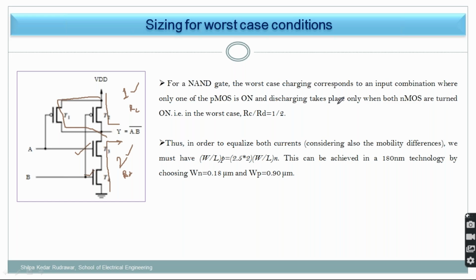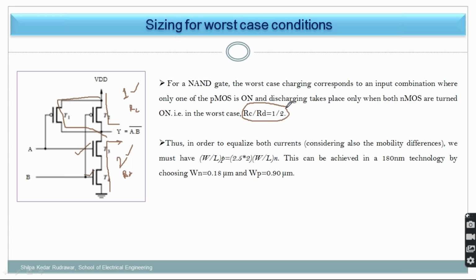Worst case scenario means for charging or discharging of the capacitor, at the most, how many transistors should be on to get the full path. So here that condition is 1 by 2. Now, what we learned before this is that as the mobility of holes is less compared to the mobility of electrons, I need to double it, or 2.5 times, or whatever is written in the book.